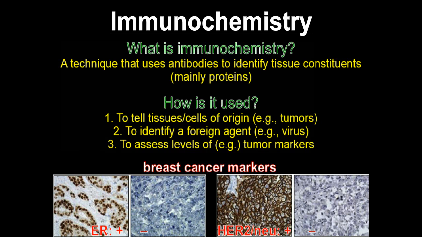HER2/neu, which is another kind of substance that is produced in some breast cancers and other cancers, is usually seen in an overlapping but generally different subset of breast cancers, and it is potentially addressable therapeutically using a series of antibodies against HER2/neu, this particular antigen. You can see here on the left, this is a cell membrane antigen, so it looks like a latticework or a mesh around the cell membrane of these positive cells. On the left it's positive, and on the right it's negative for that particular antigen.